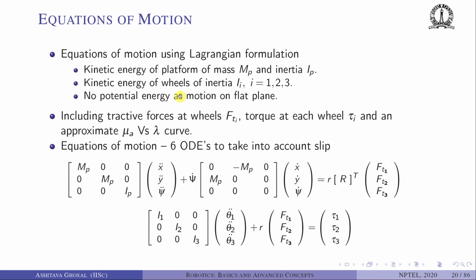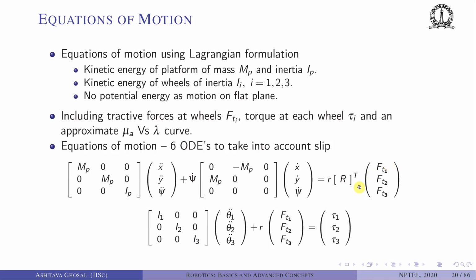Once we have assumed all these things, we can derive 6 ODEs, which take into account the wheel slip. So we have mass times x double dot, y double dot, and then Ip times psi double dot, then some Coriolis and centripetal terms. Then we have that R matrix which relates theta dot to the velocities of the platform, and we'll see later that this R transpose into Ft will give some kind of a torque.